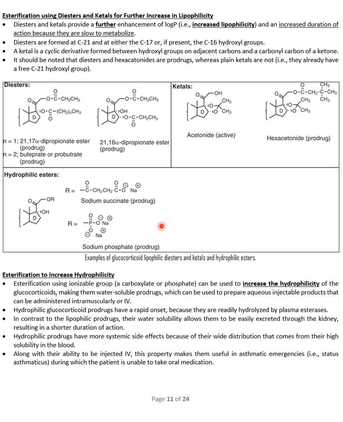And finally, the last example on esterification is esterifying the C21, not to increase the lipophilicity, but to increase the hydrophilicity. In other words, you're going to add a polar group to make the drug more hydrophilic, more water soluble. Okay.